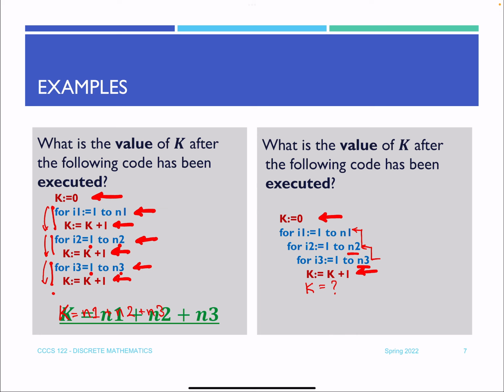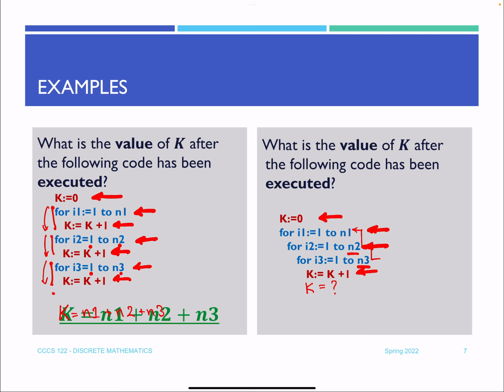Now, this code is structured differently from the first example. These loops are nested, which means that in one iteration of the outermost for loop, we go through all n2 iterations of the second for loop.